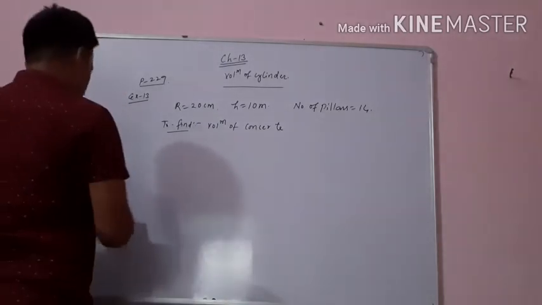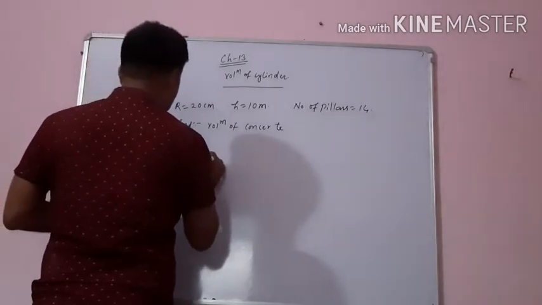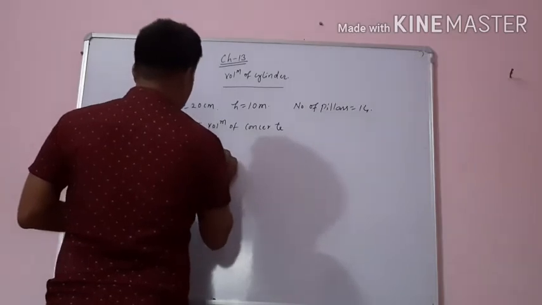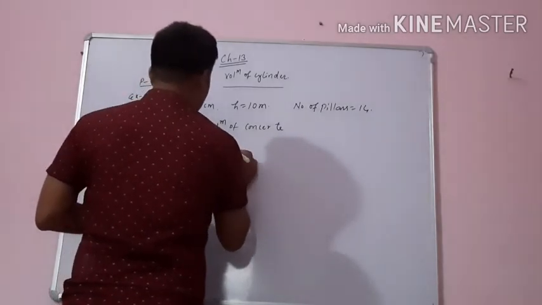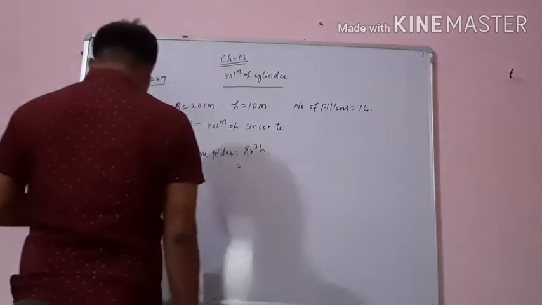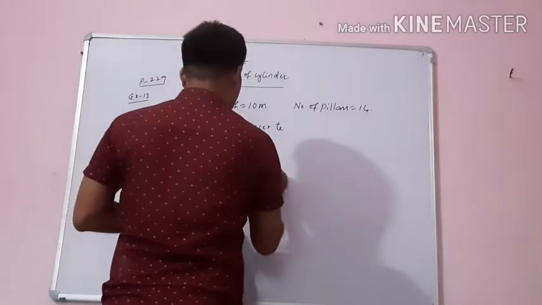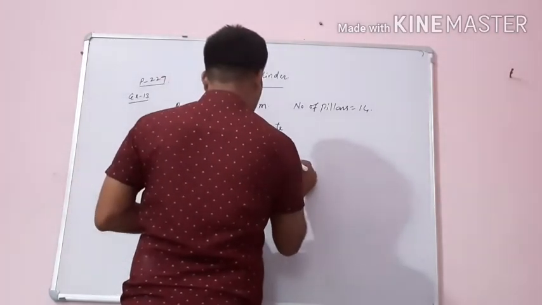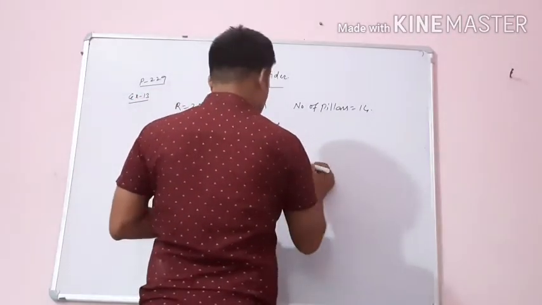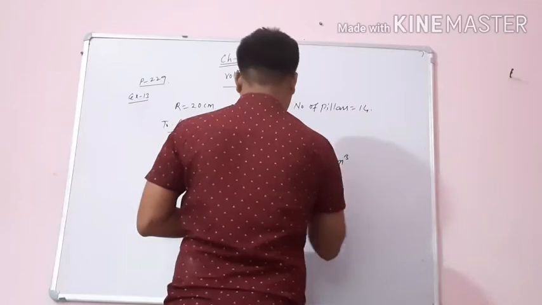So now solving, the pillar is in the shape of a cylinder. So volume of one pillar will be equal to pi r square h. The value of pi is 22/7 multiplied by 20 into 20 into 1000 centimeter cube.